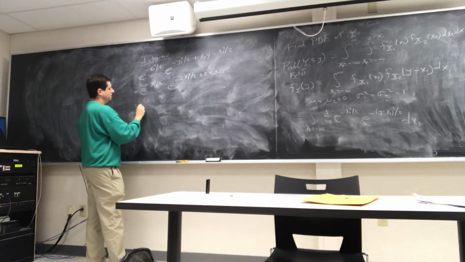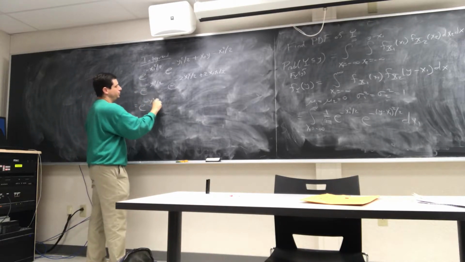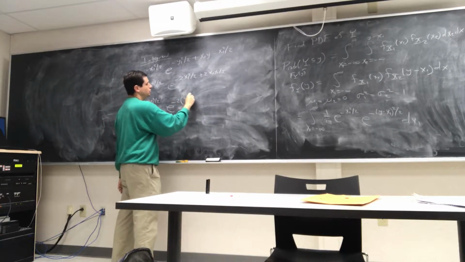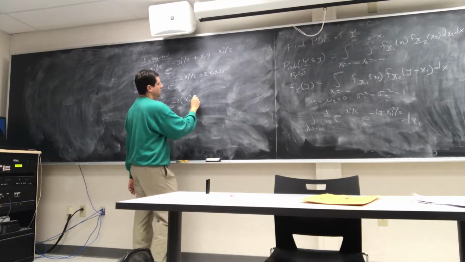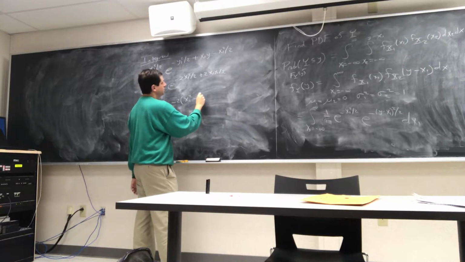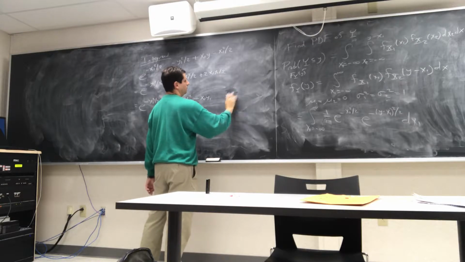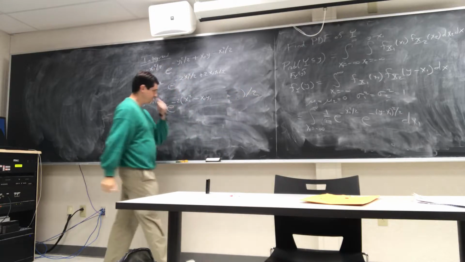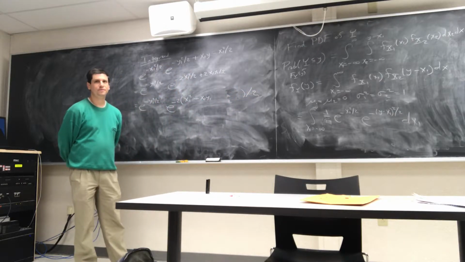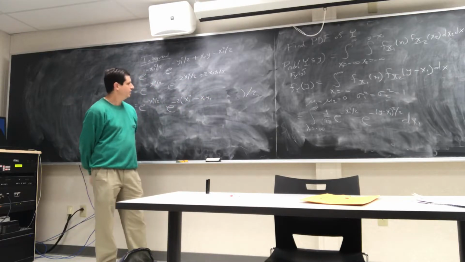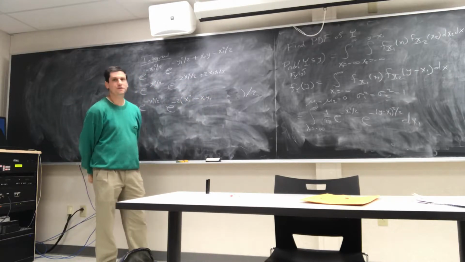So e to the negative y1 squared over 2, e to the negative 2, and I'll have x1 squared minus x1 y1 divided by 2. This is meant to be highly suggestive the way this is written. Okay, so I get my negative 2 x1 squared over 2. Good. I've got negative reinforces.